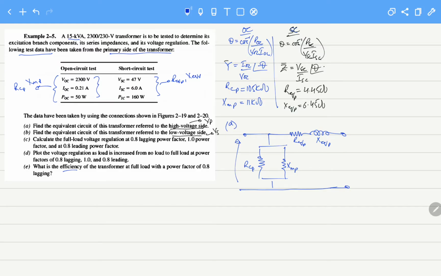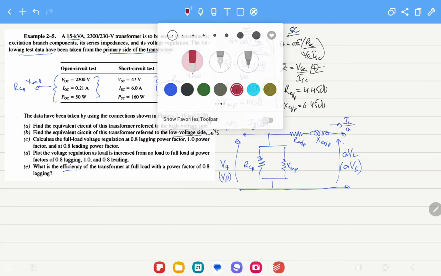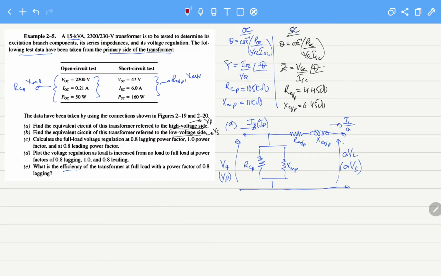So here VH equals VP, and the current is the high voltage side current, that is equal to the primary current. And here we have AVL, or that is AV as secondary side, that is the low voltage side, and the current will be the secondary current divided by A. So this is the equivalent circuit, and we have calculated the values, so we can write the values.